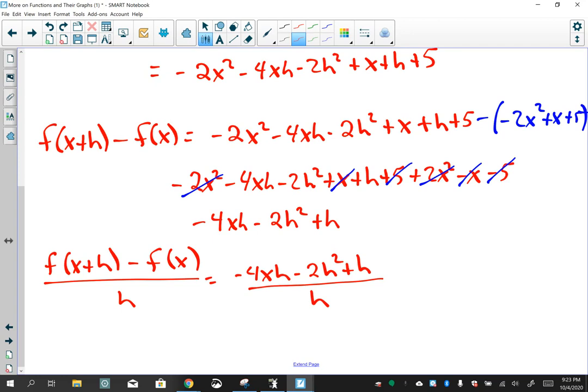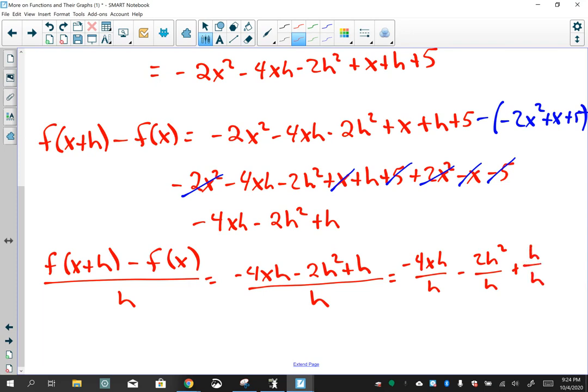So now everything is divisible by an h. So if I look at this, I'm going to break it down just so you can see this. Normally I wouldn't do this, but I'm going to go ahead and do it just so you can see what's happening here, so you don't get confused. But this is really what you are looking at.